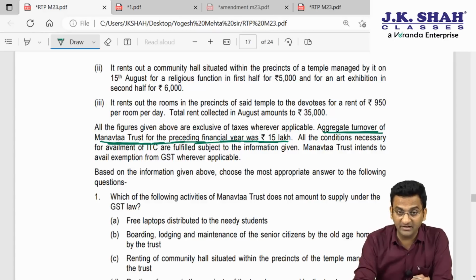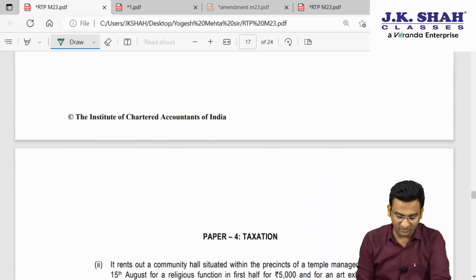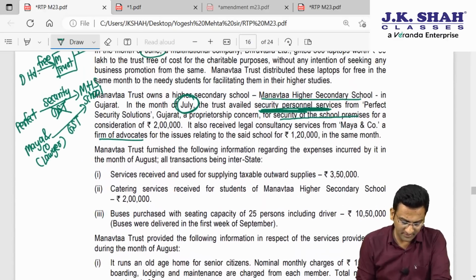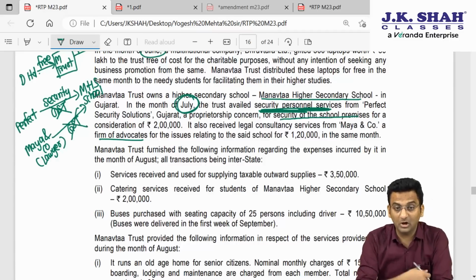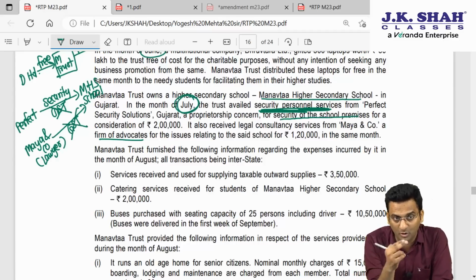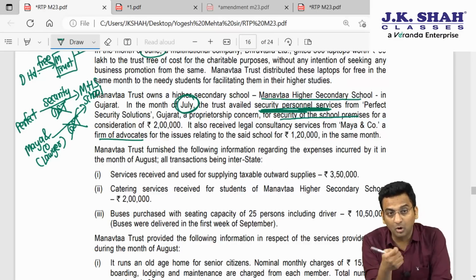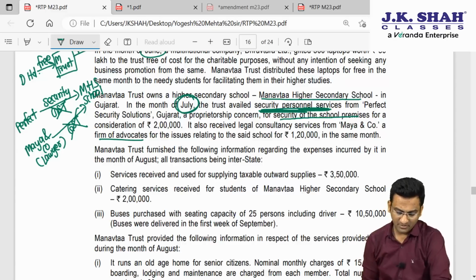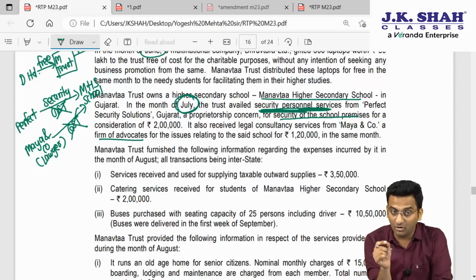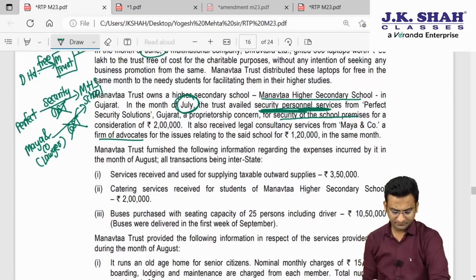Correct? It is given at the end of the question. Aggregate turnover was 15 lakh. So it does not exceed any threshold limit. So again GST will be exempted, friends. Correct? Lawyer to government is exempt, lawyer to non-business entity is exempt, and lawyer to a business entity where turnover does not exceed the limits is exempted. So in this case, that will also be exempted, friends.